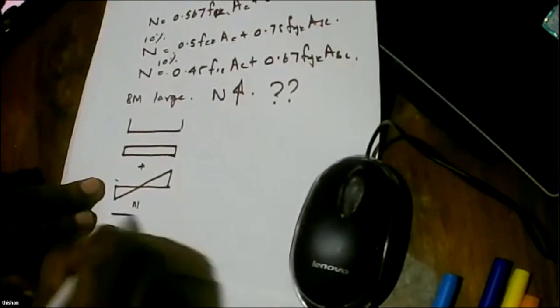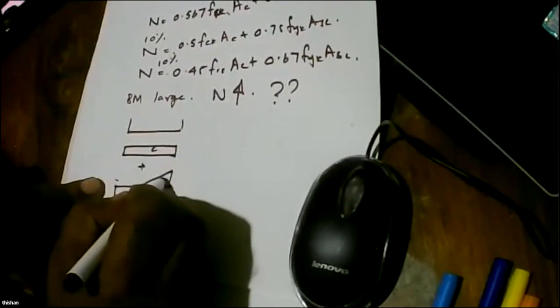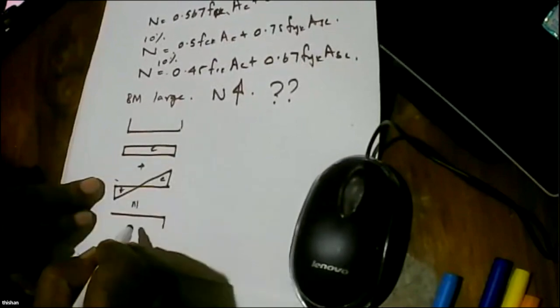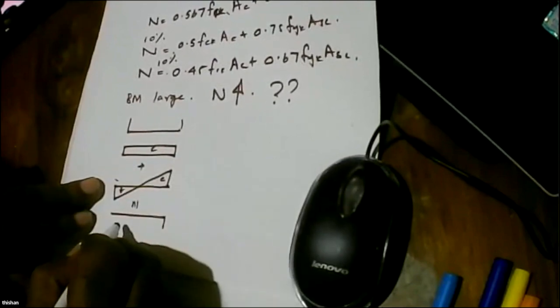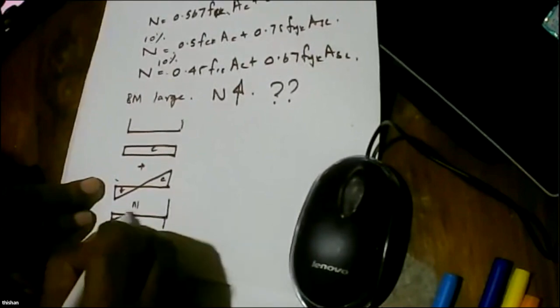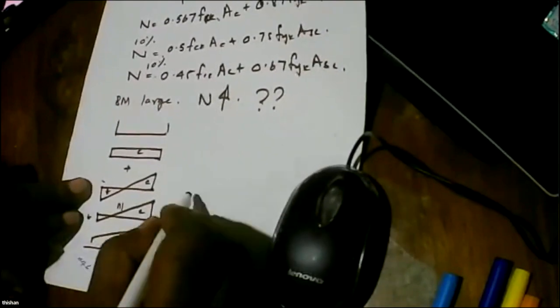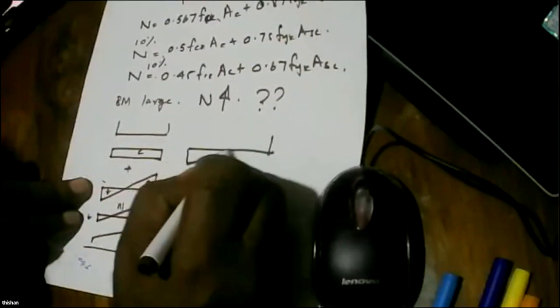So the net result can be this compression, this tension. So compression, a lot of compression, a little bit of tension, or it could be the whole thing in compression, or it can be a significant level of tension as well. That is also a possibility.